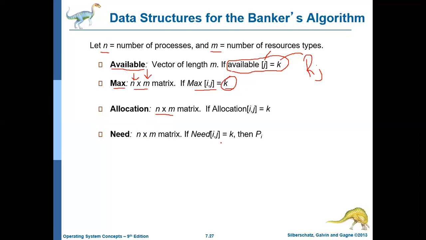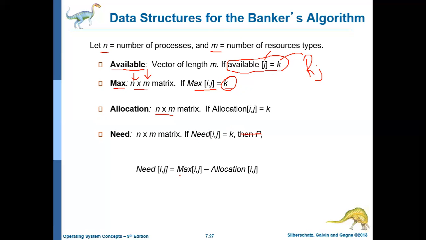If need of i,j equal to k, then it means that the process Pi needs k instances of resource j. Okay. And one more thing, need of i,j will always be equal to max of i,j minus allocation of i,j. Okay.